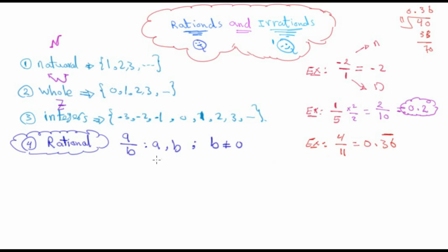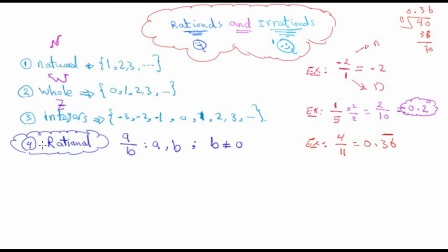So here we can say that the rational numbers contain decimals, terminating decimals like 0.2, 0.1, 0.5, and we have repeating decimals, like these decimals that I can't define its end, and we also have fractions. So that is the rational numbers.